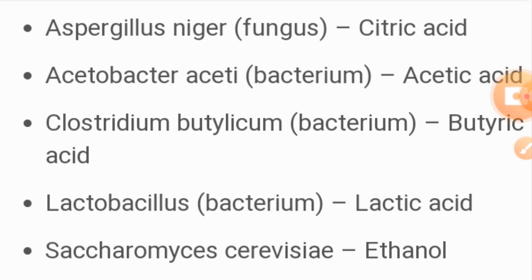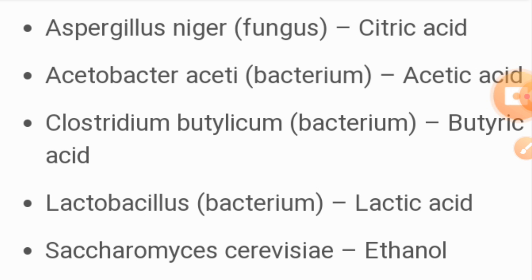It is a bacteria called lactic acid bacteria, which is generally utilized for converting milk into curd. As well as ethanol can be produced with the help of the yeast called Saccharomyces cerevisiae, that is called brewer's yeast or baker's yeast.